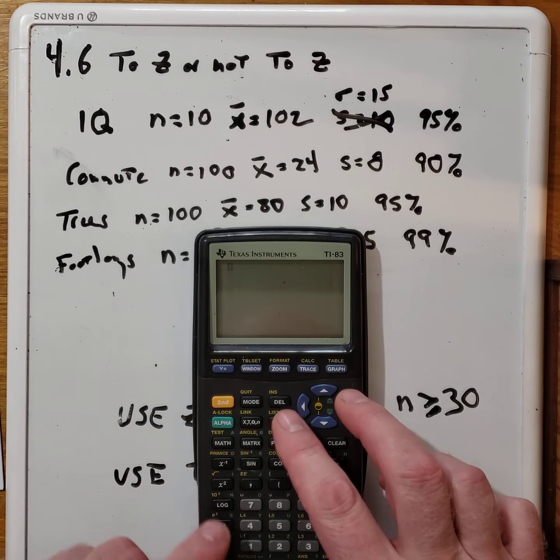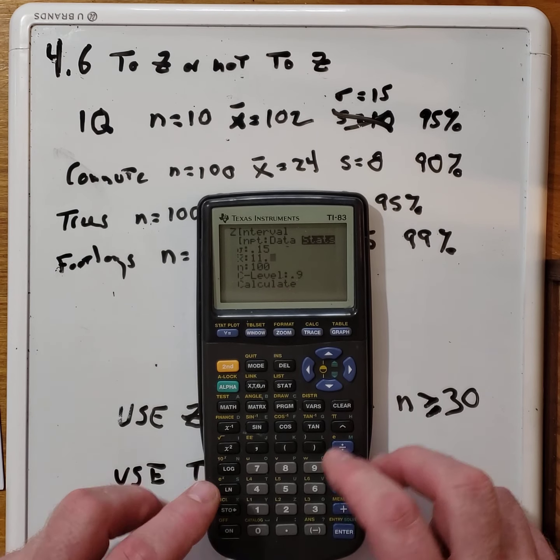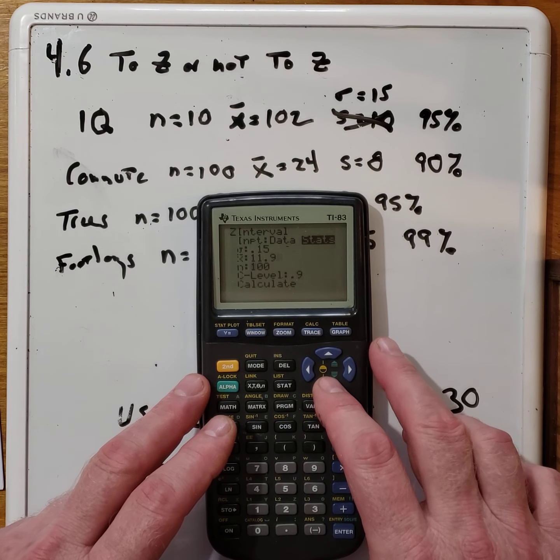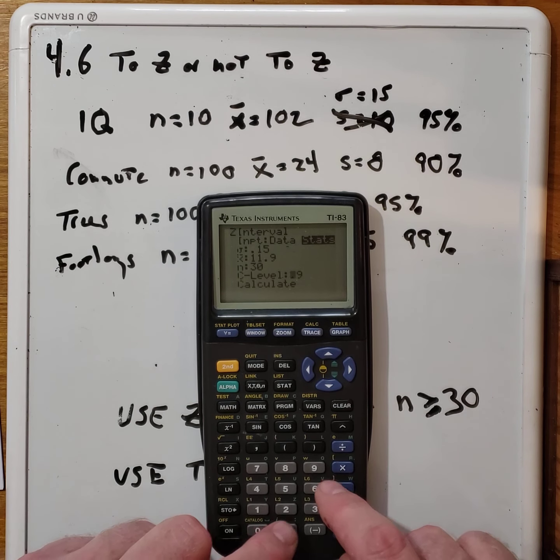So we'll go to stats, over to test, down to z-interval. And the numbers there were what? We had a sigma of 0.15. We had an x bar of 11.9. We had an n of, let's go with 30, and a confidence level of 0.99.